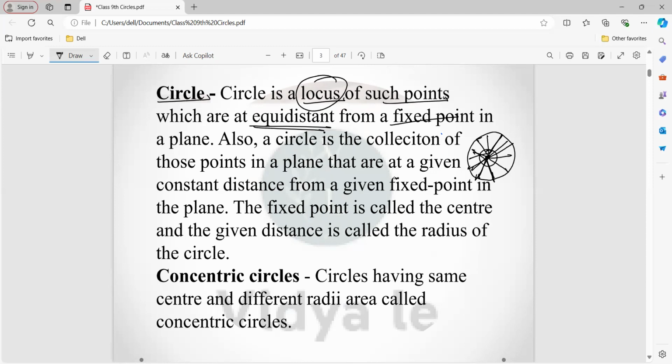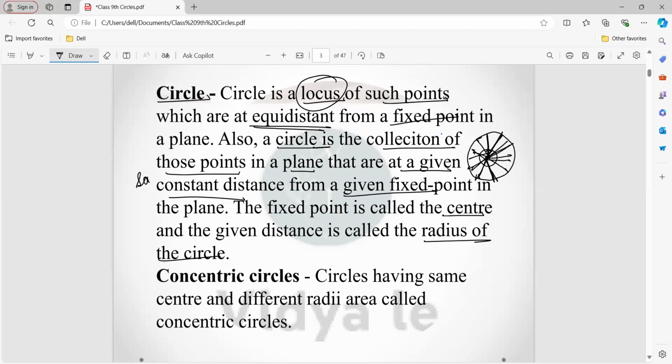And this fixed point is known as center, and the distance which is same throughout a circle from the center is known as radius of the circle. So, circle is a collection of those points in a plane that are at constant distance from a fixed point.